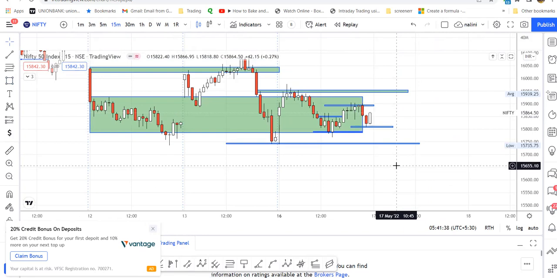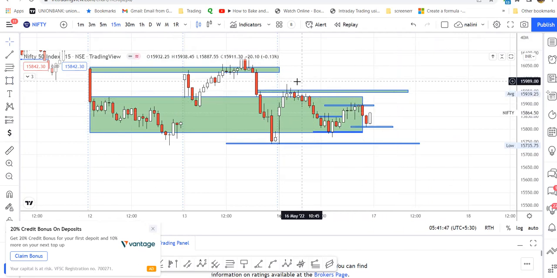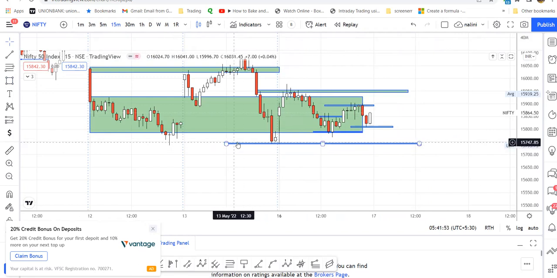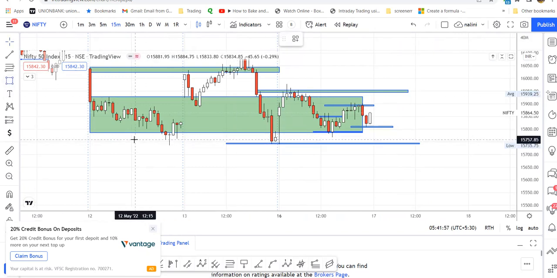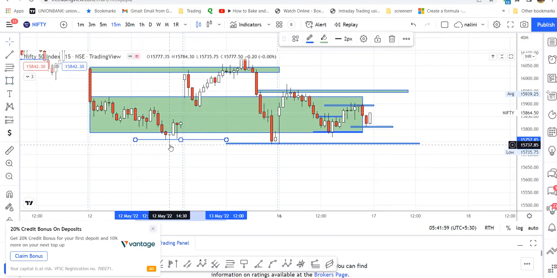This is how liquidity, injection, and inducement work. Inducement means manipulation. When you see the manipulation, you can go for buying. Here, this is the manipulation in this area.